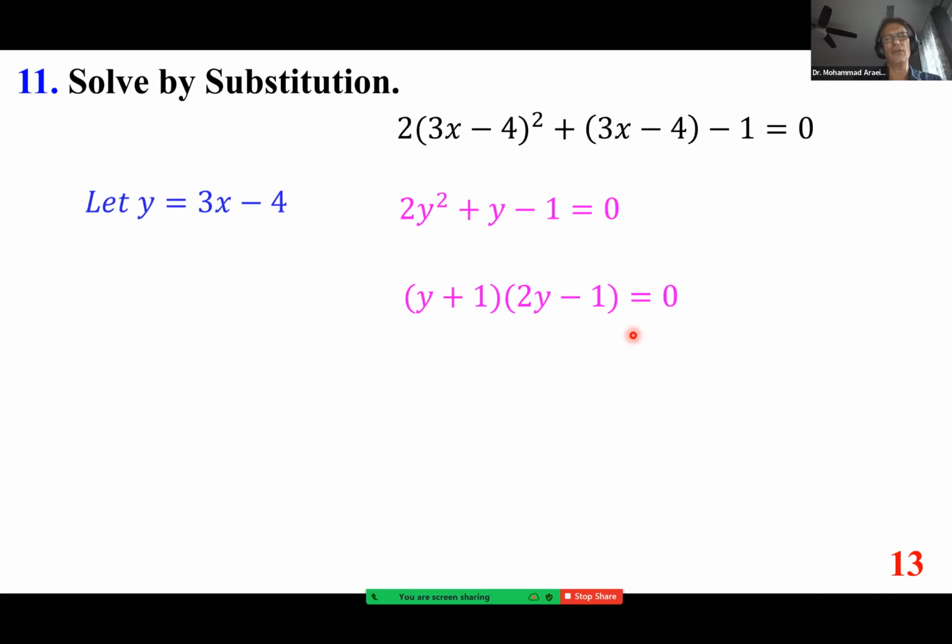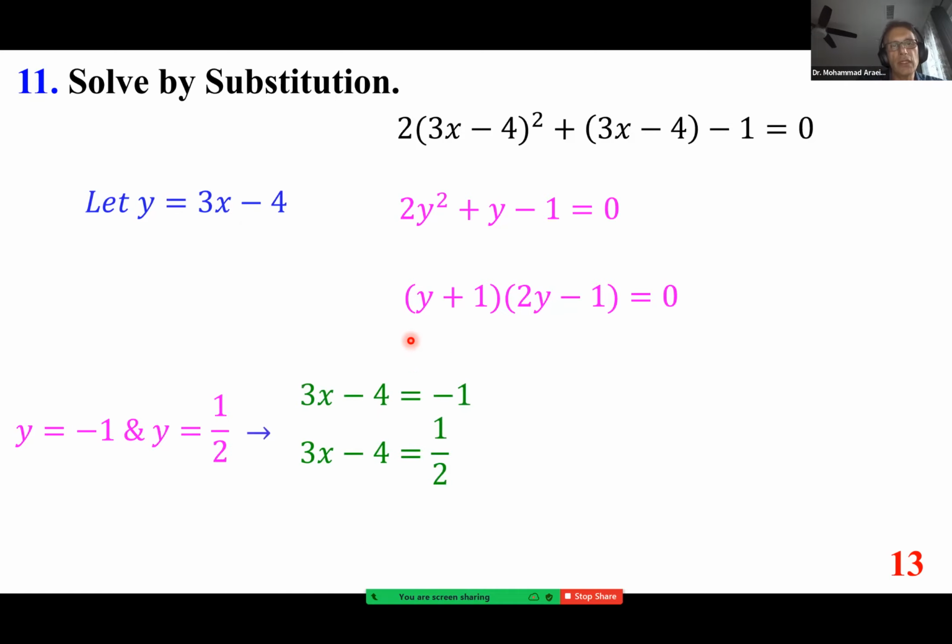Again, the reason it's simple is because 2 is a prime number, 1 and 2, and negative 1 is just 1 and negative 1 in some order. So y is either negative 1 or 1/2. So we are going to replace the y with 3x minus 4. So 3x minus 4 is either negative 1 or 1/2.